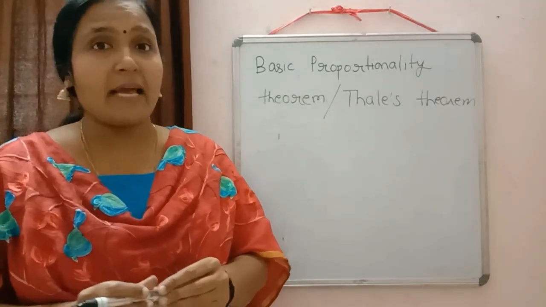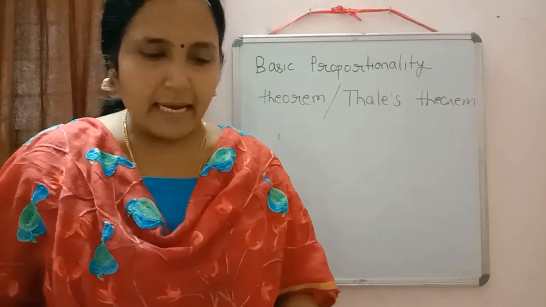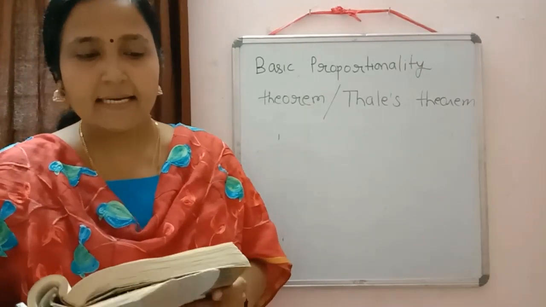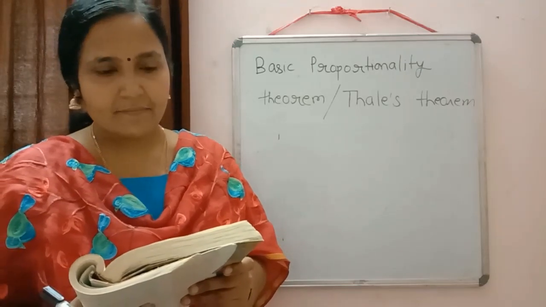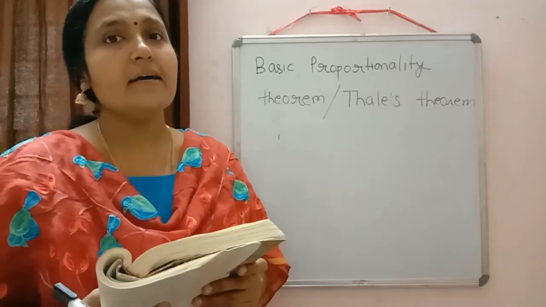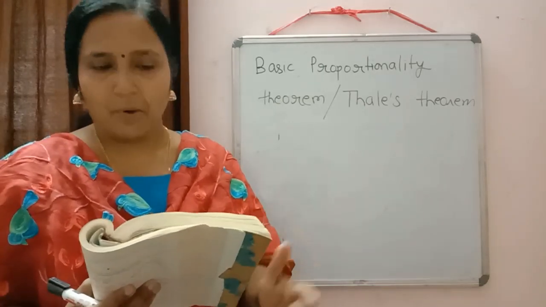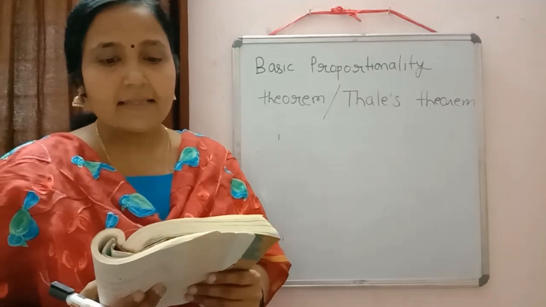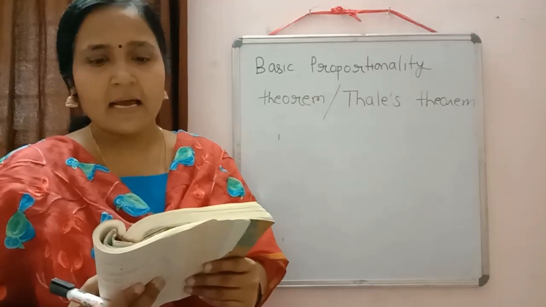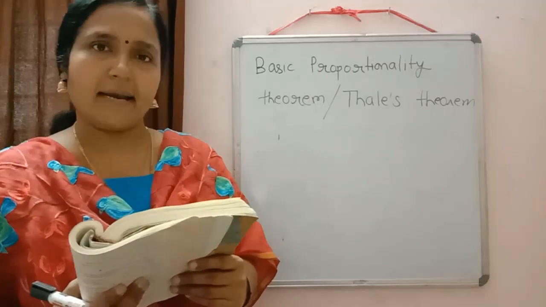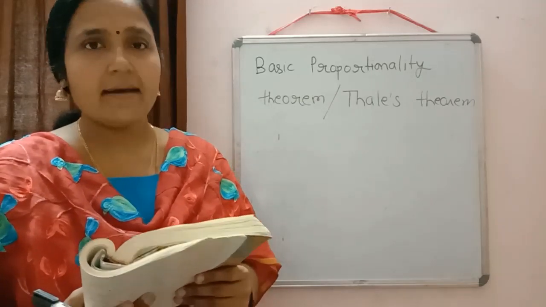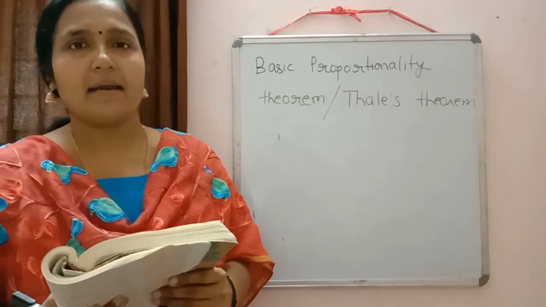You don't have to explain in your own words. If a line is drawn parallel to one side of a triangle to intersect the other two sides in distinct points, then the other two sides are divided in the same ratio.